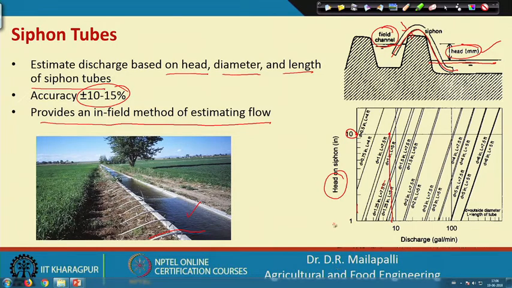Okay. So, this chart is very important as far as measuring flow rate through siphon tubes is concerned. Otherwise, you can also use, in the field, a bucket and stopwatch, you can still calculate the discharge from each siphon.